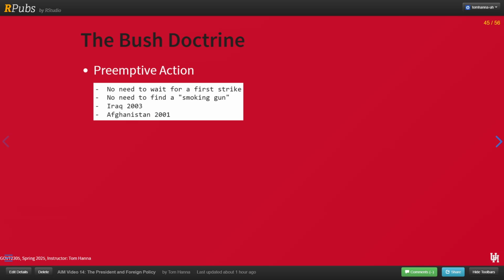Presidents since have tinkered at the edges of the Bush Doctrine, but it's never been formally repealed, and there's not really a strong security doctrine that's come in to replace it. To the extent that things have disagreed with this, it's mostly gone back to the collective action and restraint of George H.W. Bush and a little bit of tinkering around the edges.